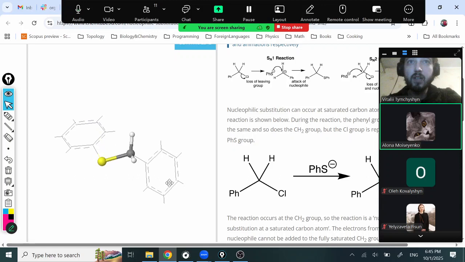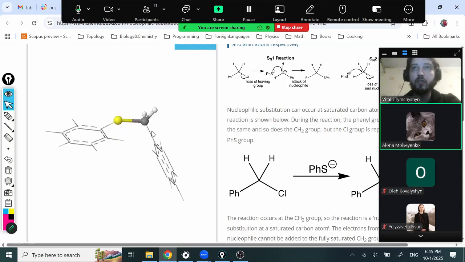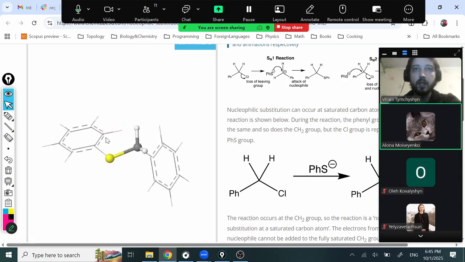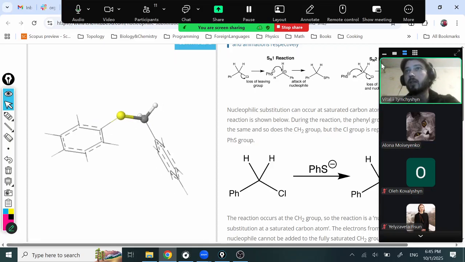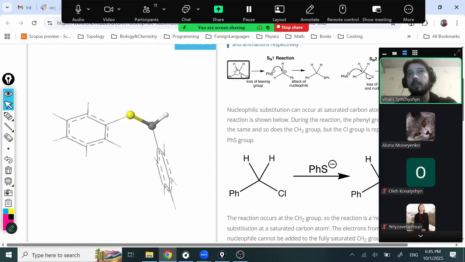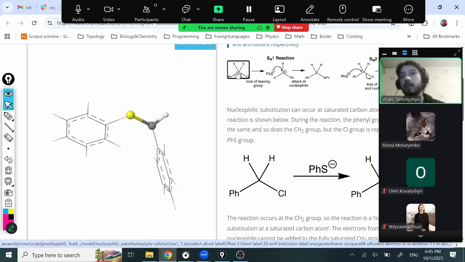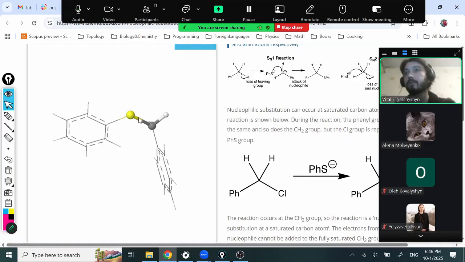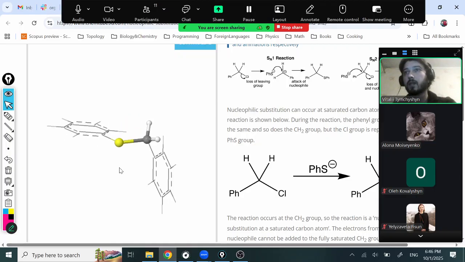Okay, so here we have it. So here is the result of the reaction, and we have our new chemical. Good. So I hope it's more or less clear what happened. So does anyone have any comments or questions so far? Good.